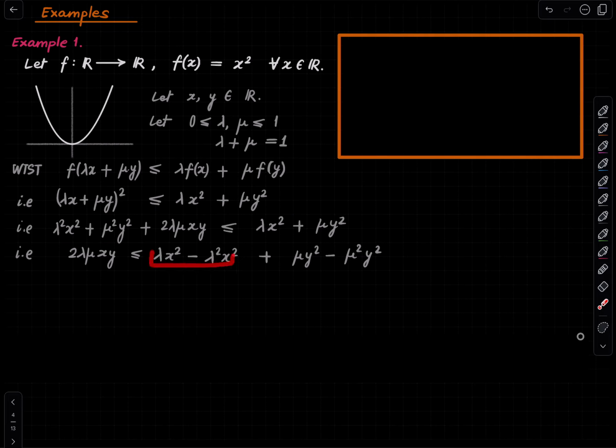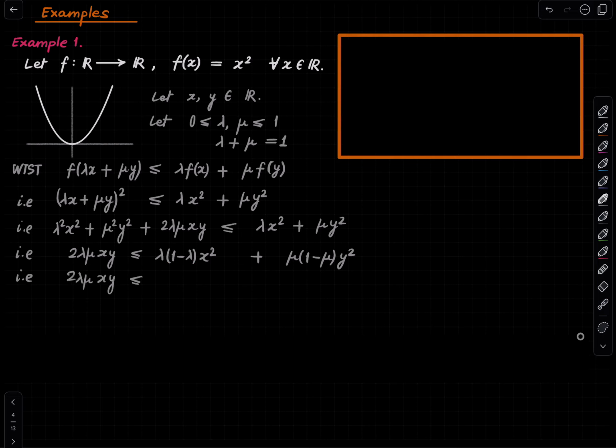Here let me make an adjustment. Let's just pull out x square and lambda at the same time. So we get lambda times 1 minus lambda x square. And here we do the same trickery, or not really trickery, but whatever. Right, I kind of skipped one step or meshed them in one. Anyway, but what is 1 minus lambda? 1 minus lambda is mu. Let me not mesh it here itself.